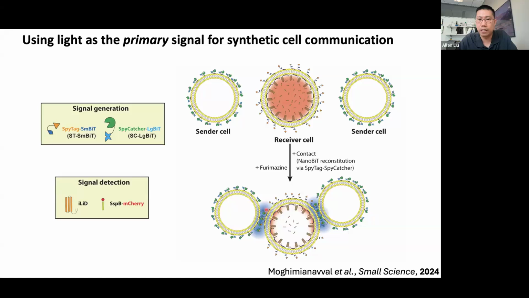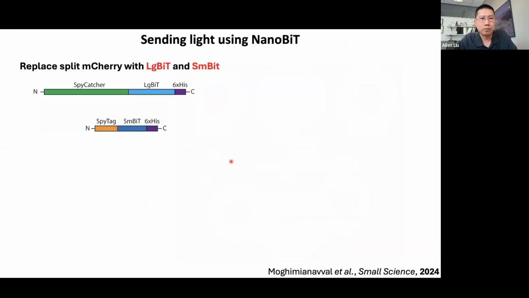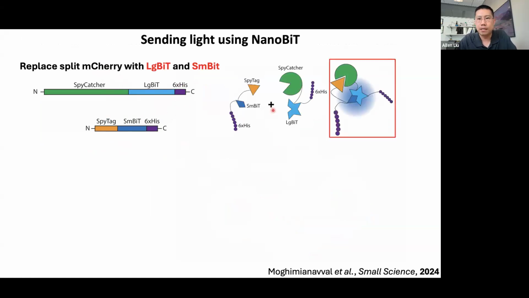And the generated light will then drive an optogenetic reaction to bring the lumenal SspB and mCherry to the membrane that has the iLID. Okay. And the study utilizes all purified proteins and no self-expressed protein here. So we essentially just had to replace our mCherry that I talked about earlier with LG bit and small bit. And the schematic looks something like this.